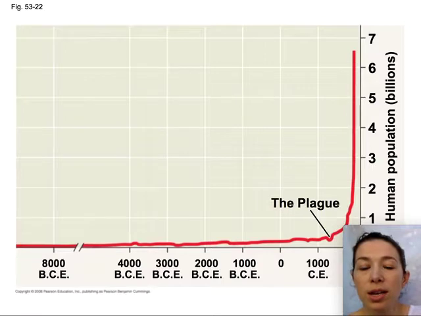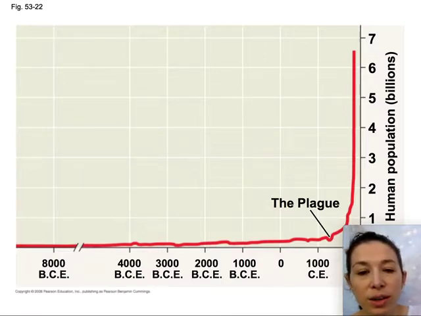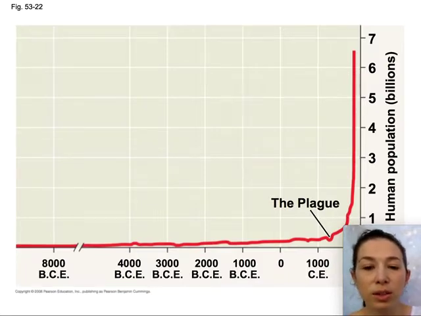So here's a graph of human population. 10,000 years ago, 8,000 years ago, 6,000 years ago, our numbers were relatively low. We were maybe less than 250 million people. We see that dip around the plague, right? There was such a significant drop in human viability.